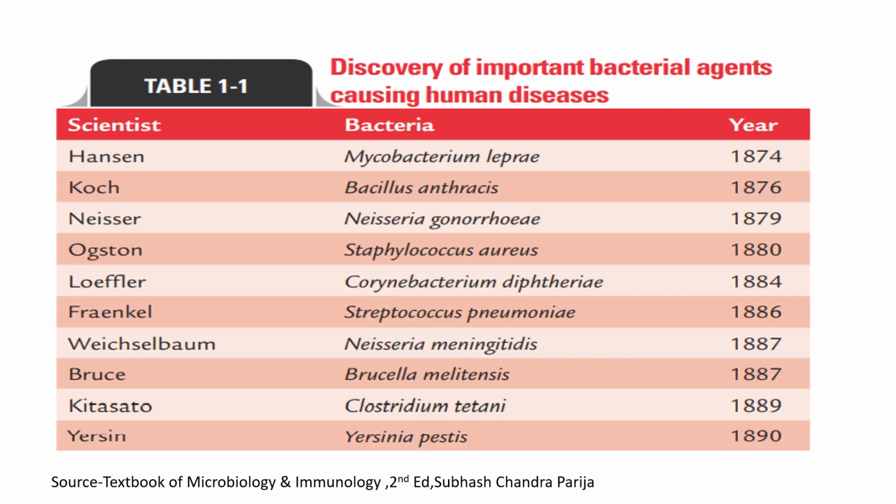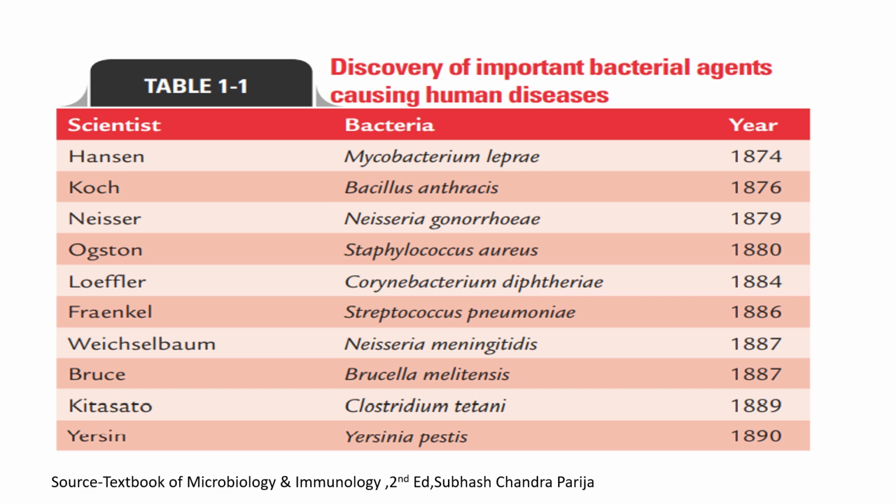Once Koch discovered the causative agents of many diseases, other scientists also started applying Koch's postulates and discovered the causative agents of many other diseases in the same century, that is, in the 19th century. So you can see these names here, the scientists who discovered the organisms responsible for these diseases. You can easily understand the diseases here.